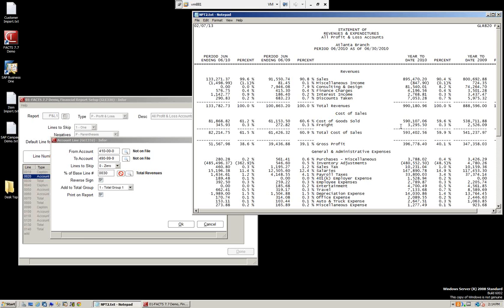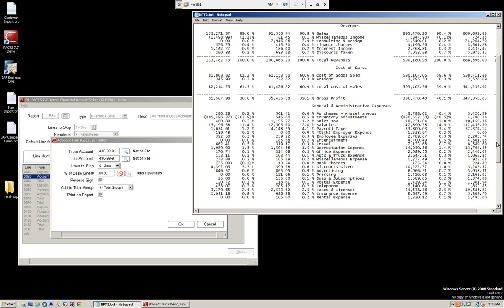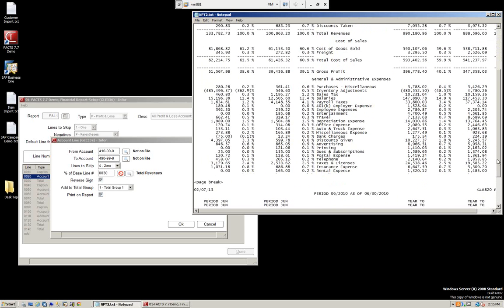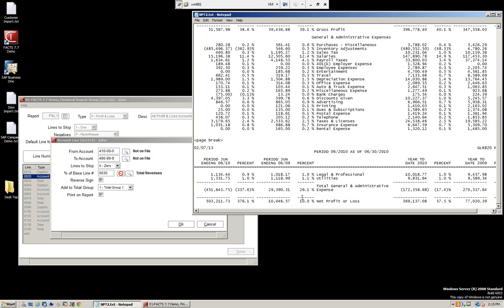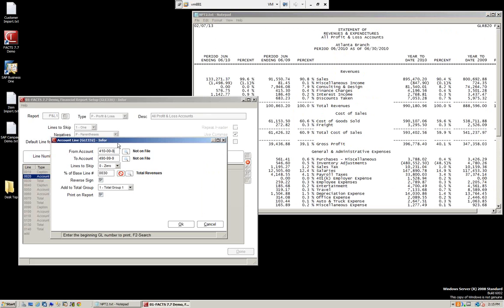So I have 990,000. And my cost of goods or cost of sales is 593,000, so it's about 60%, and so on. So I set that up because I'm basing everything, since it's a profit and loss, on revenue. So at the very end, I can see that I'm making a 10% profit on this. And that's going to be my base.